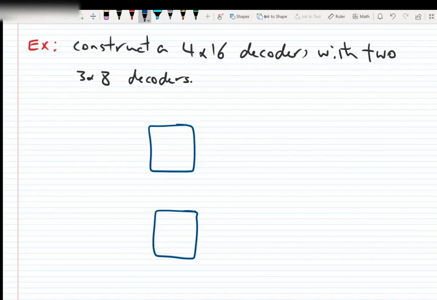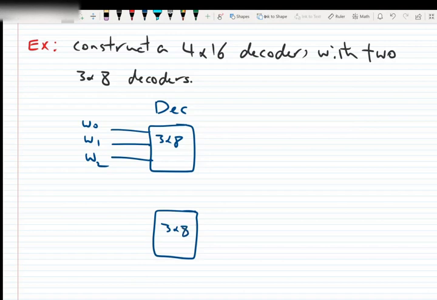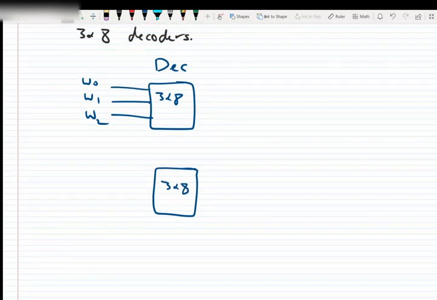Each decoder has 3 inputs, so let's call them W0, W1, W2. So this one is 3 by 8. We show the decoder with DEC as well. So we have a 3 by 8 decoder here, a 3 by 8 decoder here. And of course, we have the enable input, and we need to have 4 inputs.